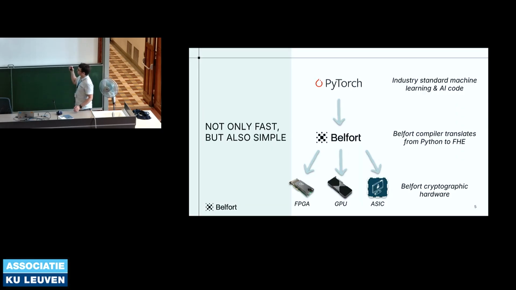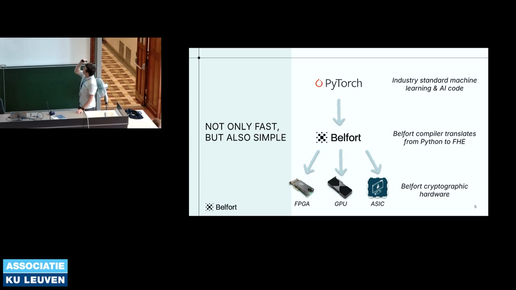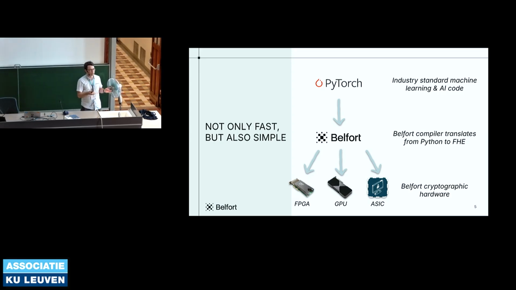What's our philosophy or the approach that we're taking? It's a little bit similar to what Wouter was saying. We want PyTorch to be our front end, so the developer can write his PyTorch model, a machine learning interface that is very familiar and kind of an industry standard.